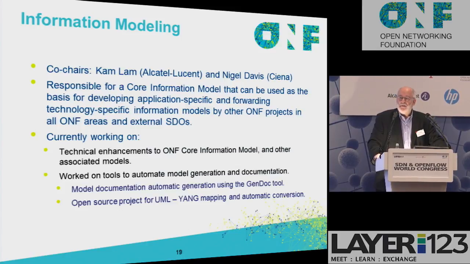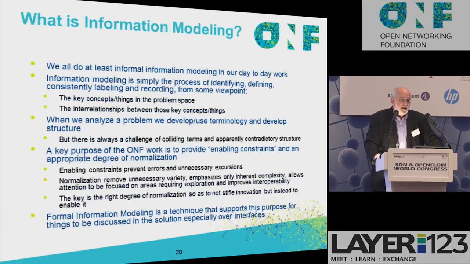So that allows them to specify the model for the network, and then from that model, they can generate actual Yang code, which can be used in controllers and in network elements, and specific to those particular network elements and controllers.